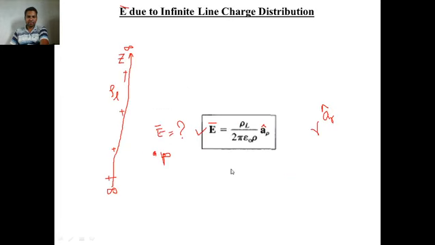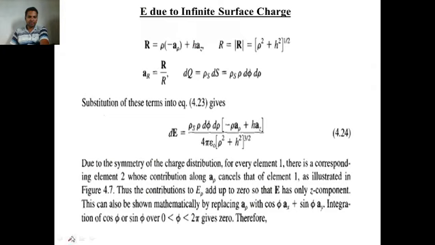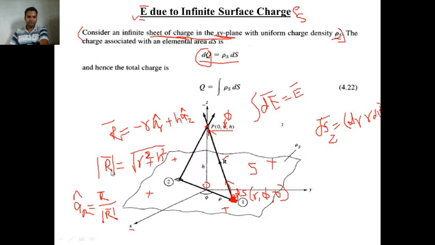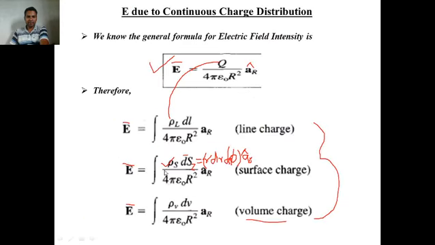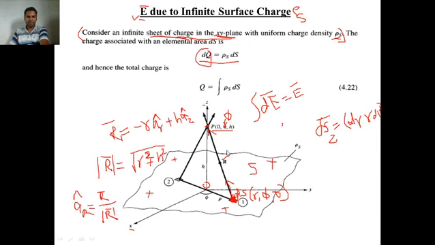Okay. So this way we did it. We completed this part, we also completed the dS part. dS is nothing but r dr d phi a z cap.